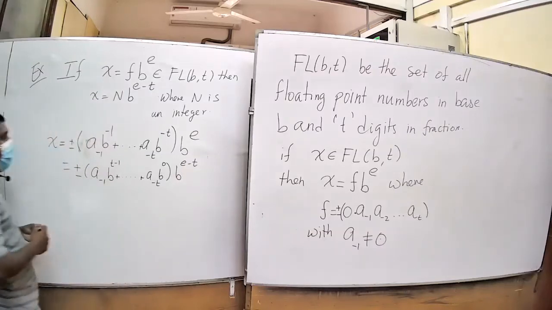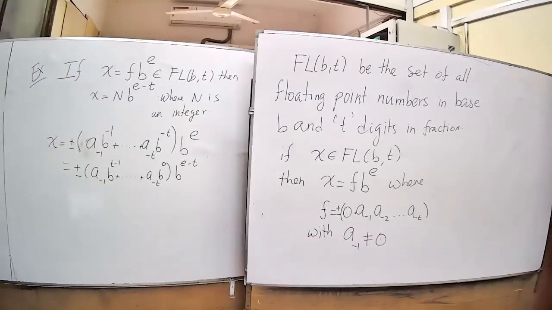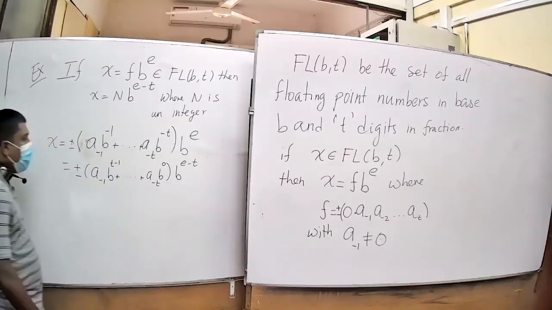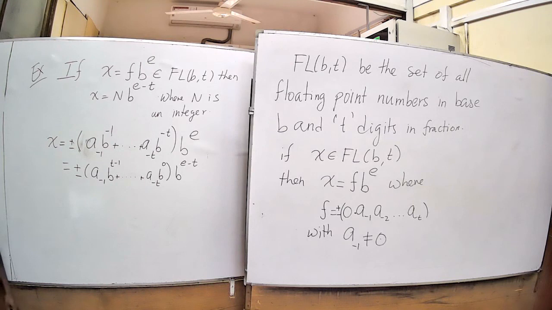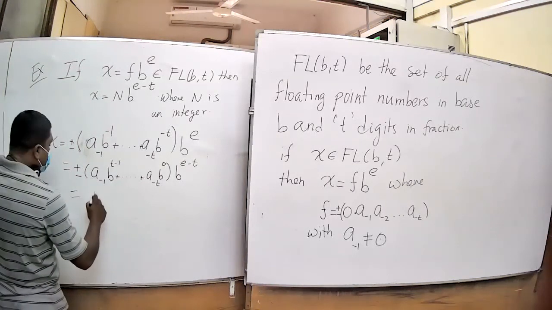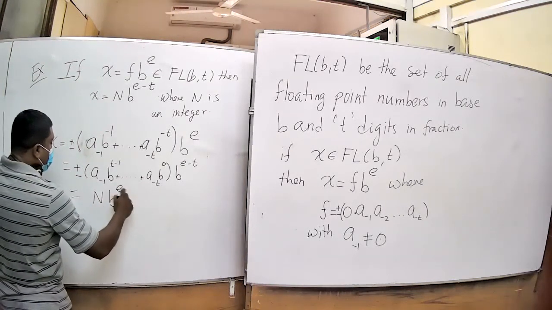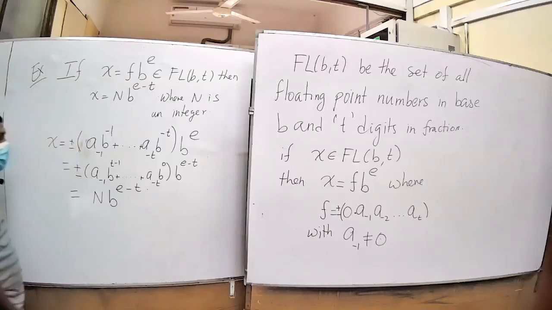When you factor out b to the power minus t from all of them, you get x equal to plus or minus a1 b to the power t minus 1 all the way up to a_t b to the power naught times b to the power e minus t. So now you see that this is a polynomial in b with no negative powers of b. So that is clearly an integer. So this means this is n b to the power e minus t.